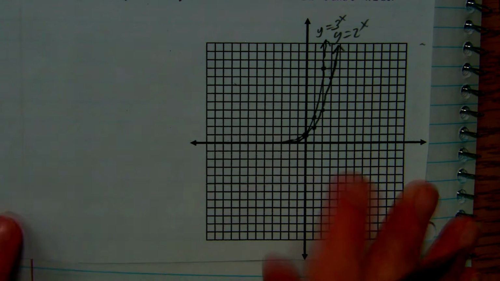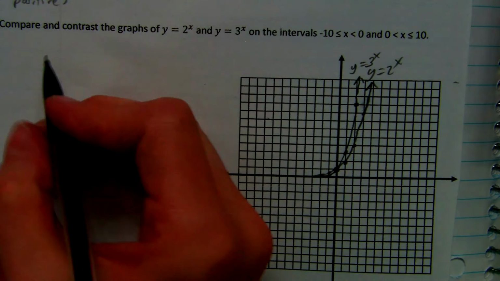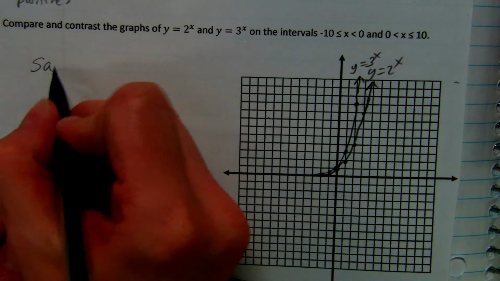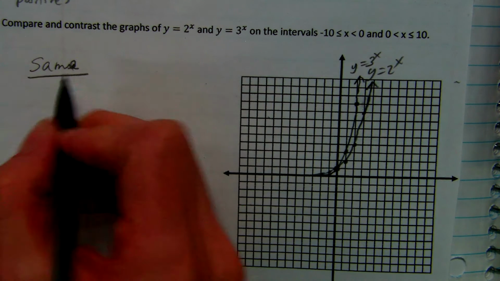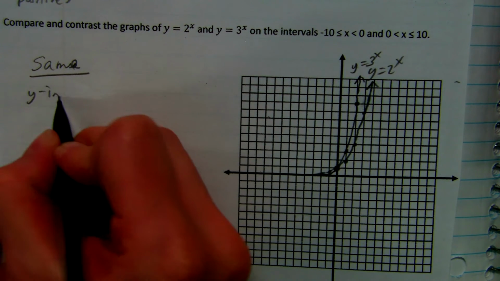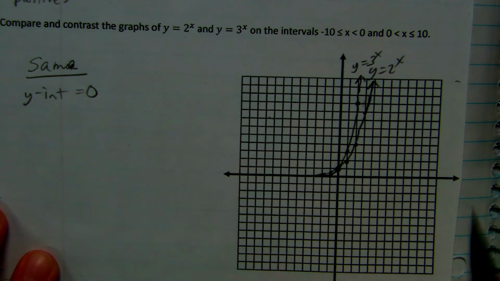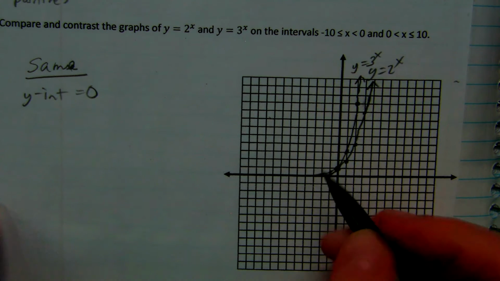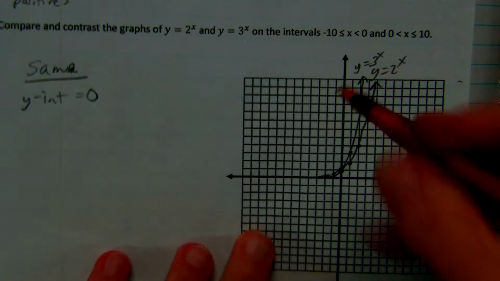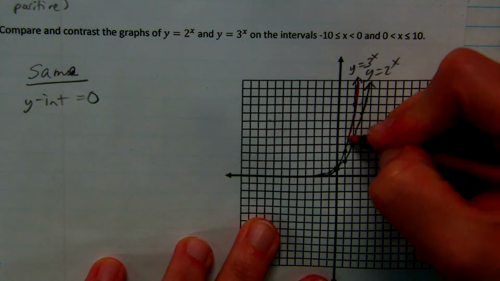So if we're talking about how they're the same, to compare them, they both have the y-intercept 0, okay? And then there's 2 pieces to this. So I wish I had color. Let me color code this, I guess. Let me make the 3 to the x one red, okay?